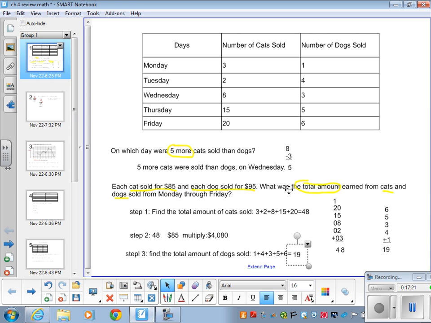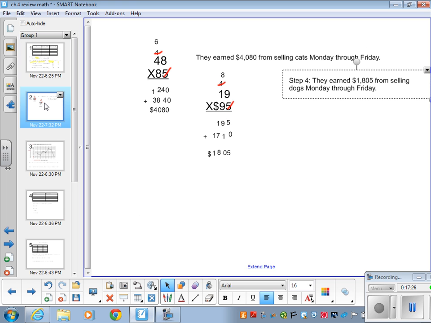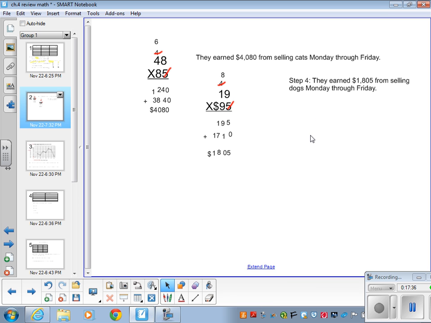But let's look back. They want to know, what was the total amount earned from cats and dogs sold? So what do I have to do with these two numbers? 4,080 and 1,805. You're right, we have to add them. 4,080, we have to add that to 1,805. Please pause the video and add these now.